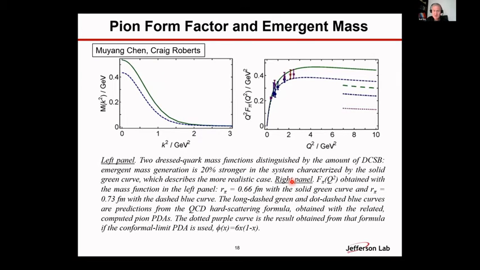What people try to do is affect the different mechanisms of this emergent mass mechanism, and see the impact on an observable. So here are two different mechanisms of mass acquisition, and here is the impact on the pion form factor observable. And you see that the height of this form factor times Q squared starts changing. So there is a direct correlation between the form factors and these PDA mechanisms. So empirically, at least, we have some tools, some insights.